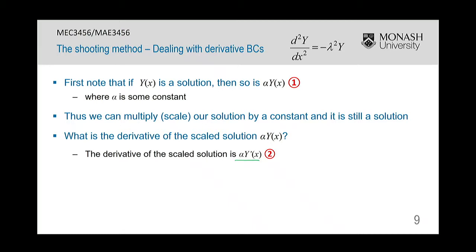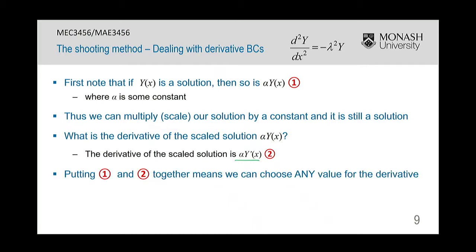So what this means is if we choose a particular slope, it's a little bit like specifying the parameter alpha. So if we put 1 and 2 together, what that means is we can choose any value for the derivative at the endpoints, and the solution that comes out is going to be a solution of the equation. If we choose a different derivative, effectively, we're choosing a different value of alpha here.